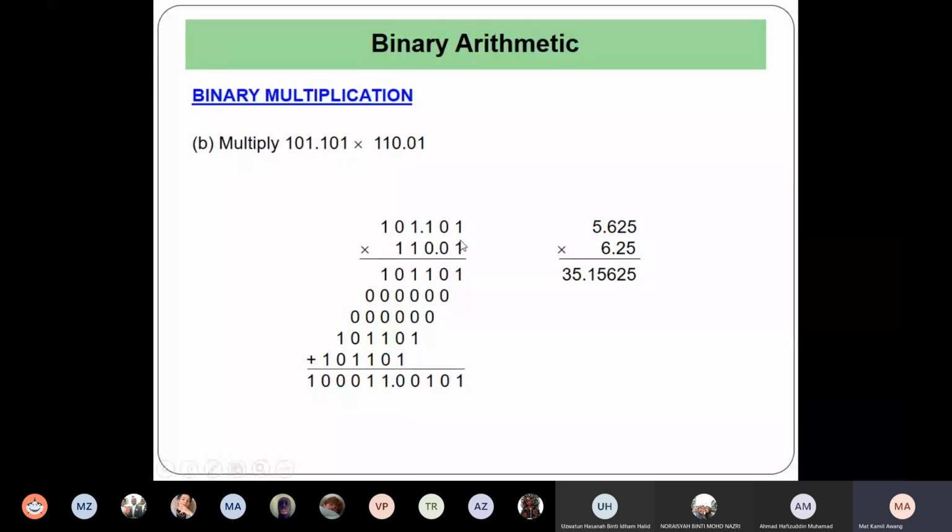In this case, 1, 2, 3, 4, 5. So you take from here 1, 2, 3, 4, 5. Then there is the dot. So the answer is 100011.00101. Clear? You try to work it out on your own after this. It's just the same thing like you do for decimal.